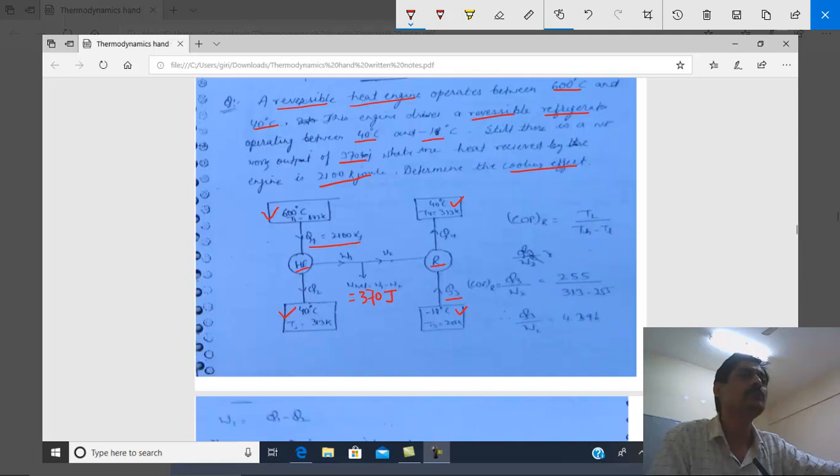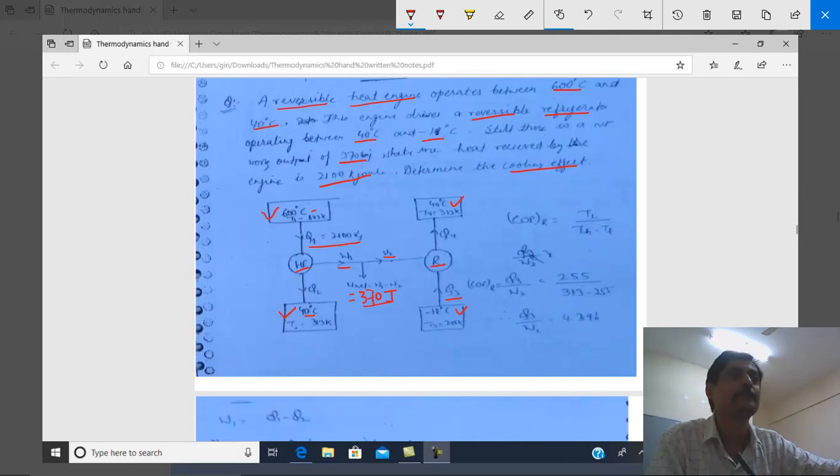In this figure, this is a reversible heat engine. It withdraws 2100 kilojoule of heat from a reservoir at 600 degrees centigrade. This heat engine delivers W1 amount of work and rejects Q2 amount of heat at 40 degrees centigrade. Out of this work, some amount, W2, is utilized to run the reversible refrigerator, and the net work is 370 joule.